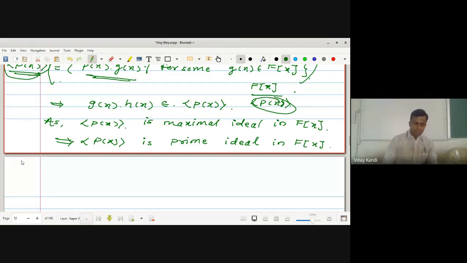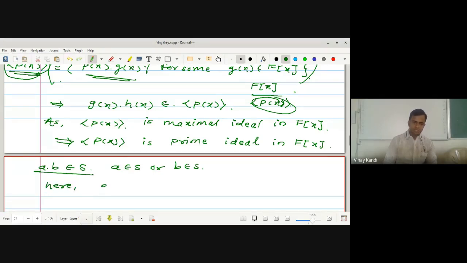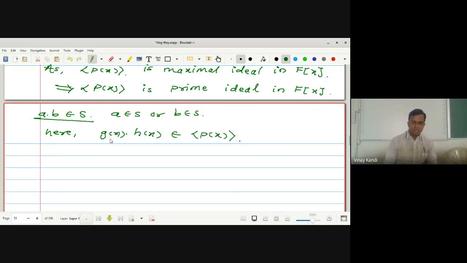Now, for a prime ideal, if A and B belong to S, and S is the prime ideal, then A belongs to S or B belongs to S. Now here, P of X is G of X into H of X, which belongs to the ideal generated by P of X. The product of two elements belongs to the ideal generated by P of X, and it is a prime ideal.